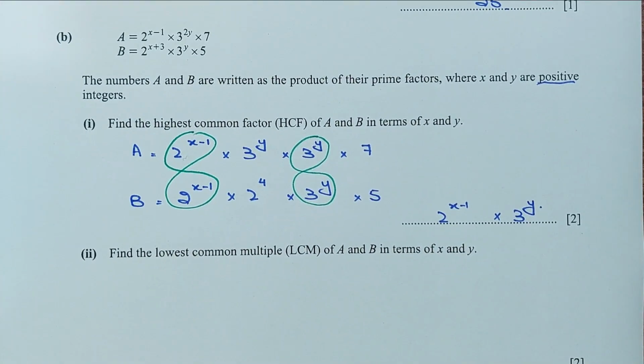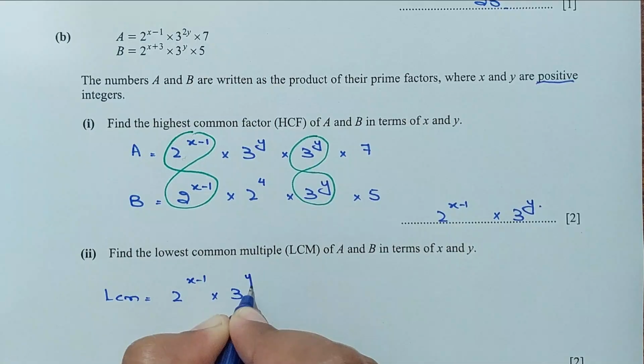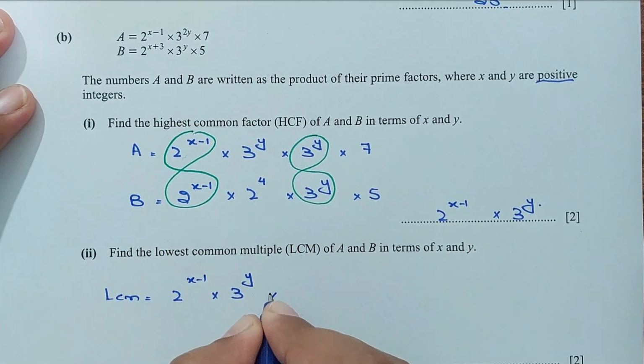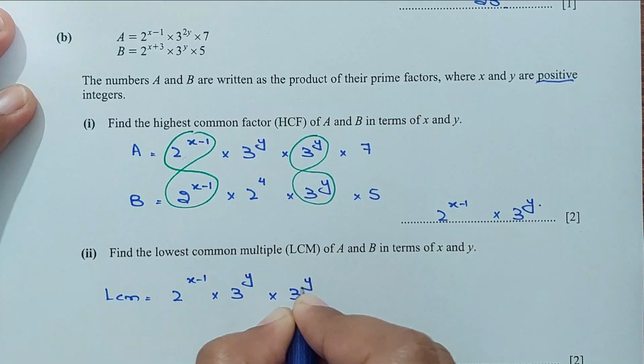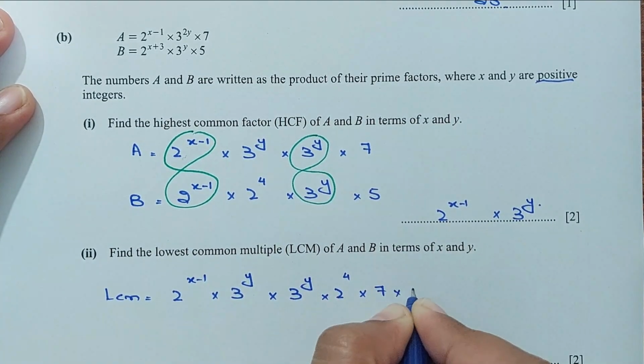Now for the second part of B, find the lowest common multiple, LCM, of A and B in terms of x and y. So for LCM, we have to pick the common ones. 2 to the power of x minus 1 is common and 3 to the power y is common. And then write down the rest of the uncommon factors. The uncommon factors are 3 to the power y, 2 to the power 4, and 7 and 5.